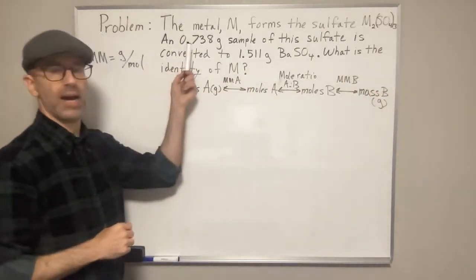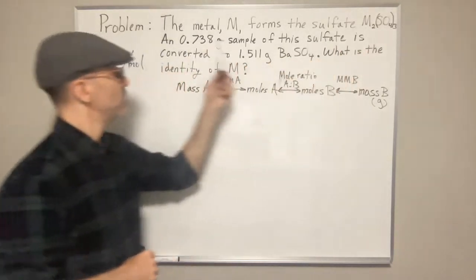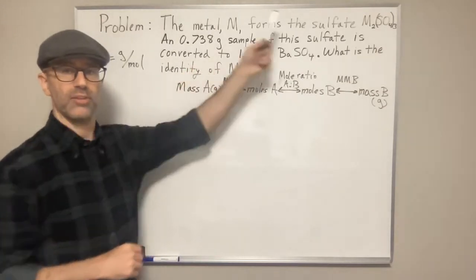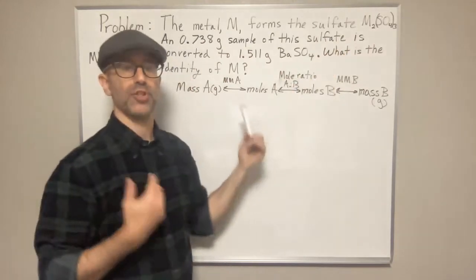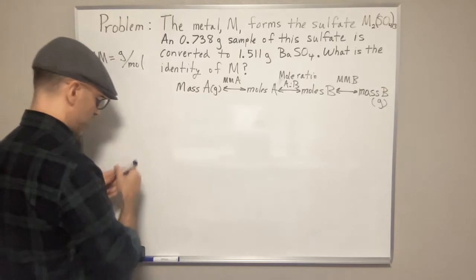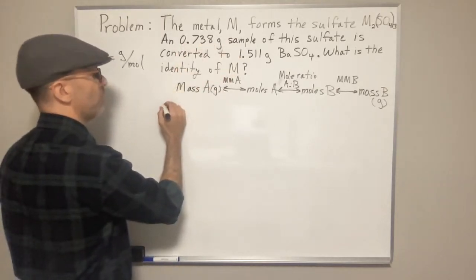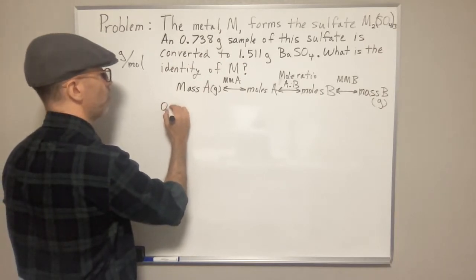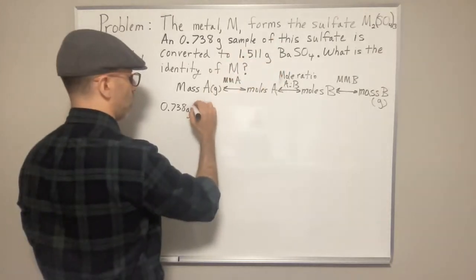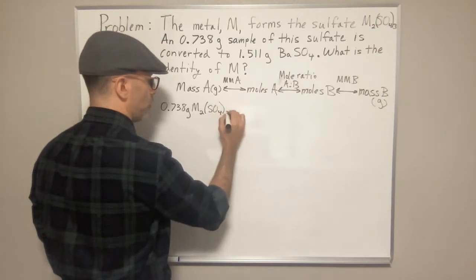So we've got mass of our substance. This will be A. So we want to go from grams of this substance to grams of just sulfate. So let us continue. We're going to start with grams of our substance. So we start with 0.738 grams of our M2(SO4)3.